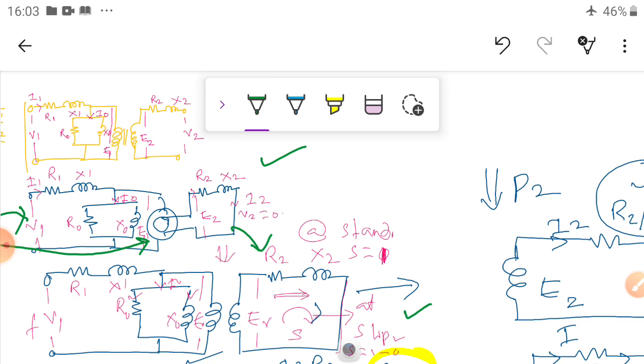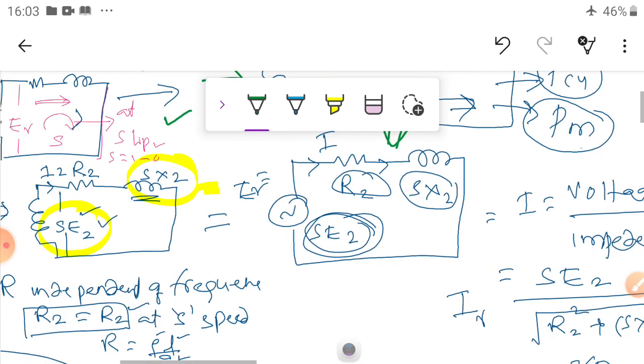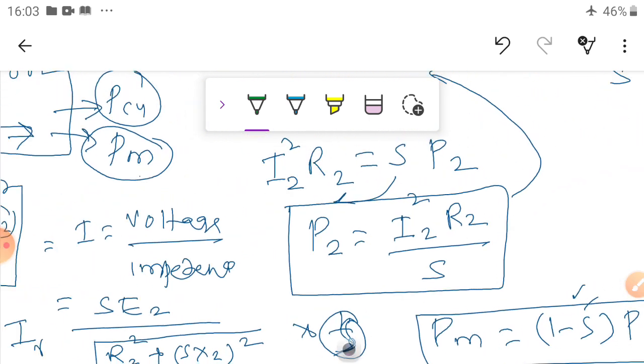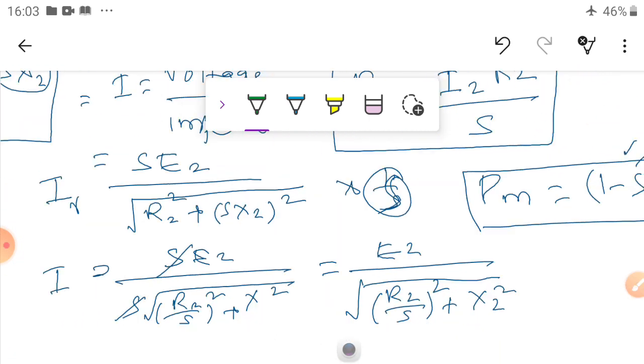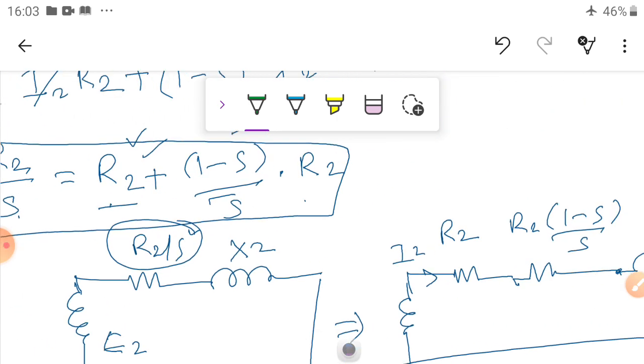For that purpose this circuit is transformed in this way. Okay, so next it is going in this direction, and finally we transform this into different shapes. Based on some calculations we have done, finally we are going to get it.